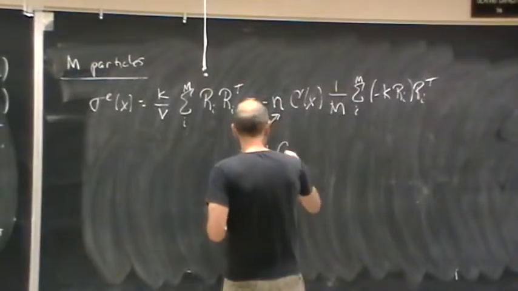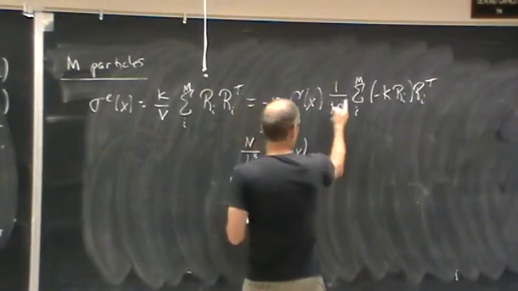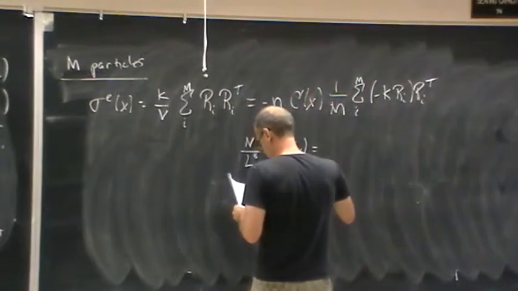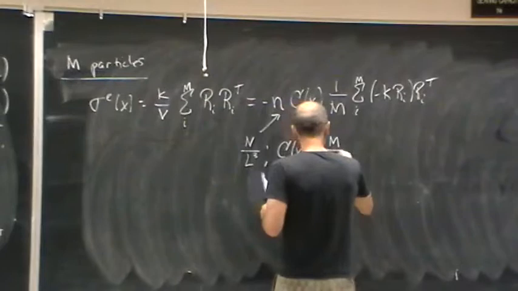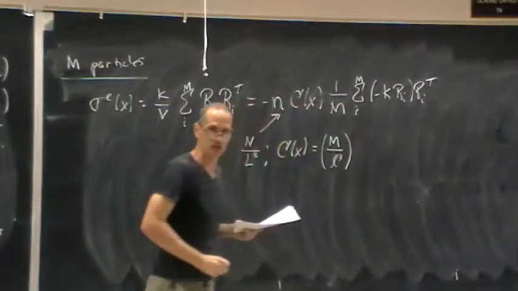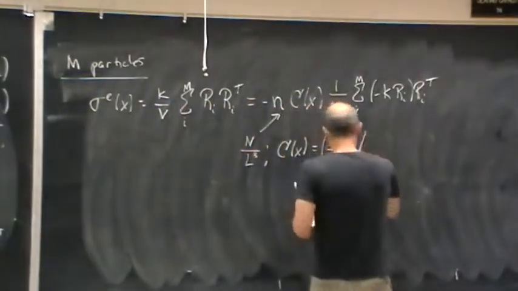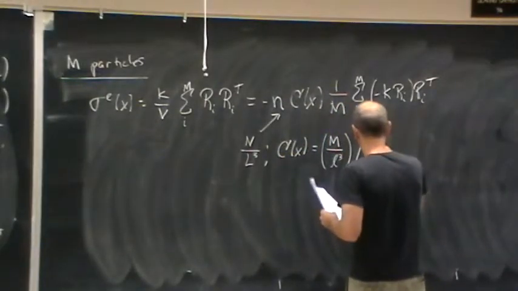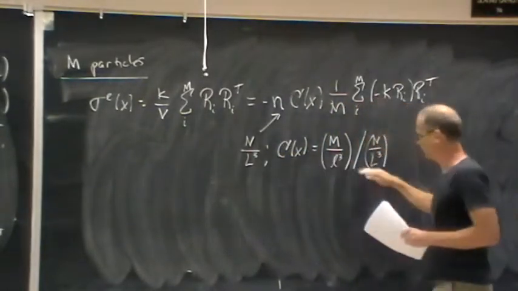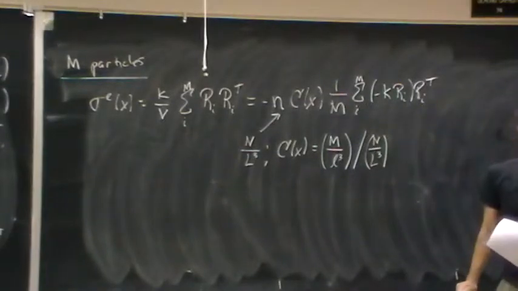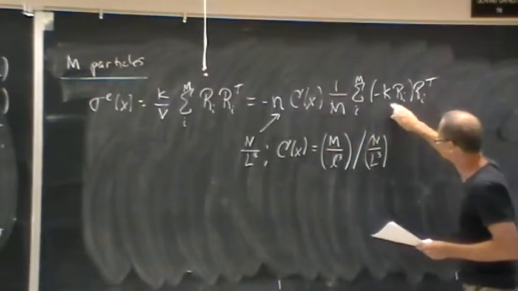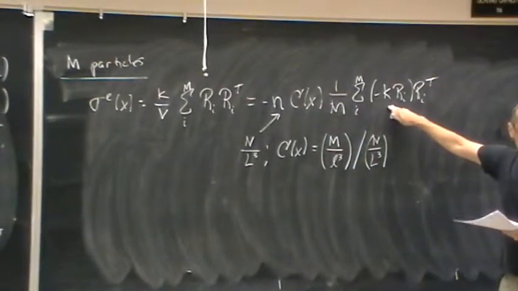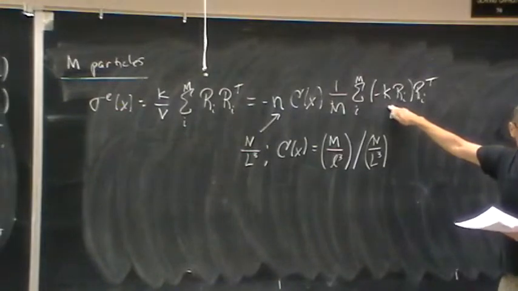This C is a local concentration, because my m is a function of x. So this is equal to the number of particles per unit volume in my averaging volume divided by the total number density. So that is a fractional concentration, if you like. Okay, so I can write it this way. It's a local concentration times the averaged extra stress calculated over my particle conformations given by the distension vector. Right?